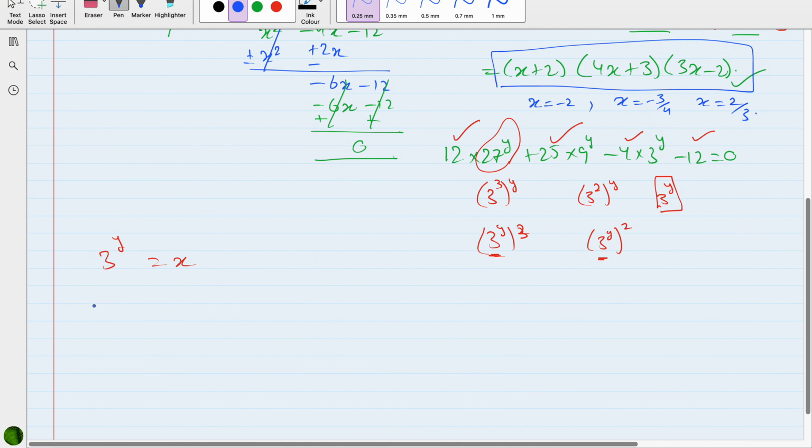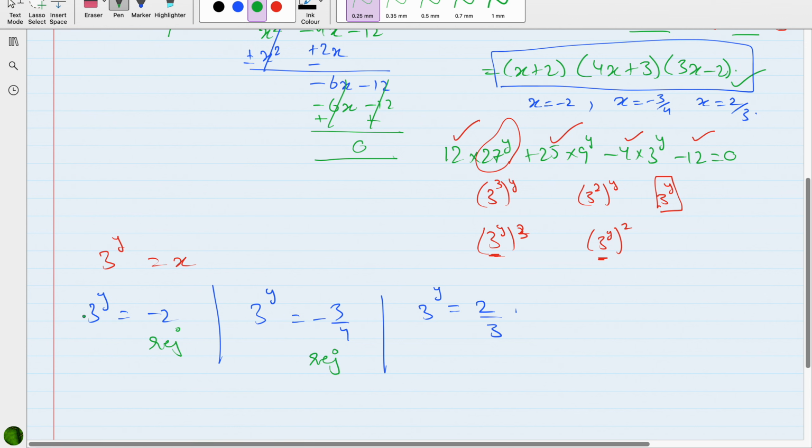So once we write these, 3 raised to power y is equal to negative 2, 3 raised to power y is equal to negative 3 by 4, and 3 raised to power y is equal to 2 by 3. These two are rejected because 3 raised to the power anything cannot be a negative number. And we solve the last one.